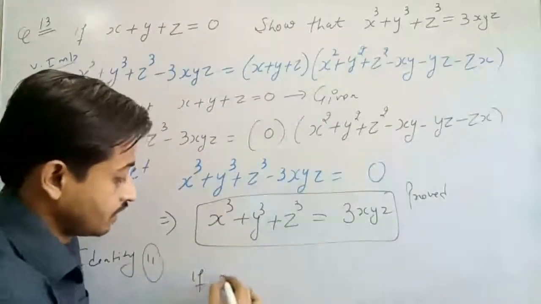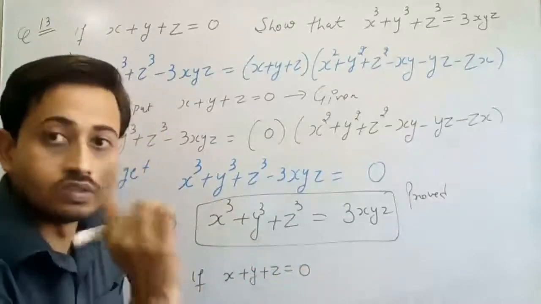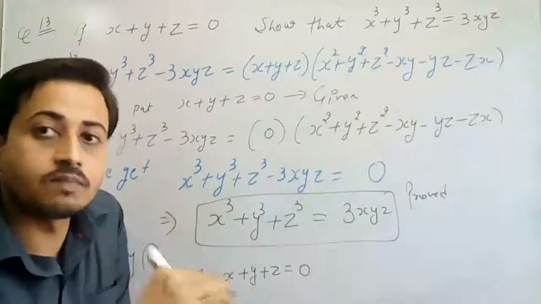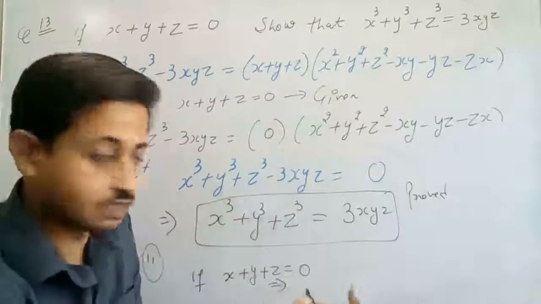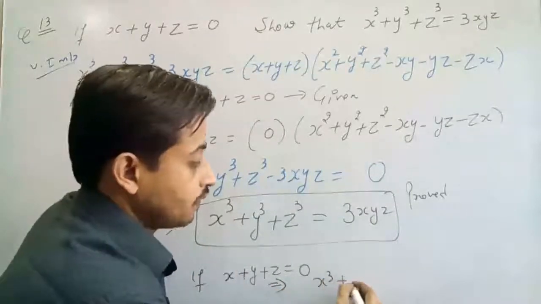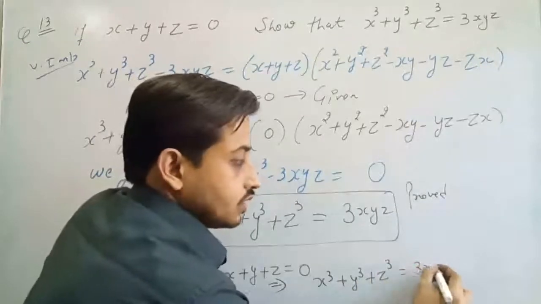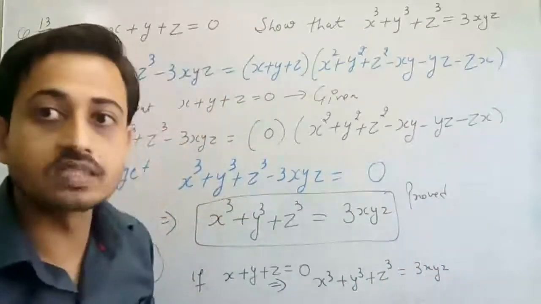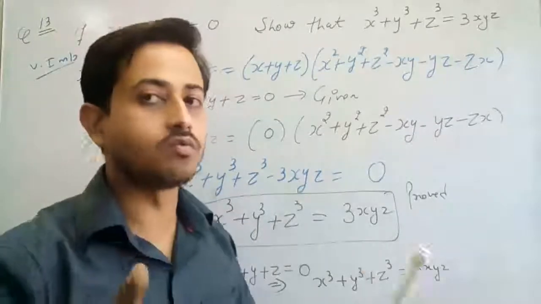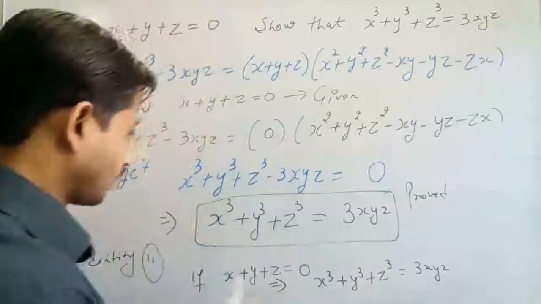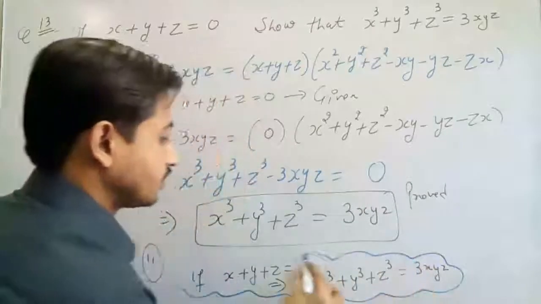If x plus y plus z is equal to 0, it means x cube plus y cube plus z cube is equal to 3xyz. Please make a note. This is the identity number 11. It's very important. Please note it into your identity number 11.